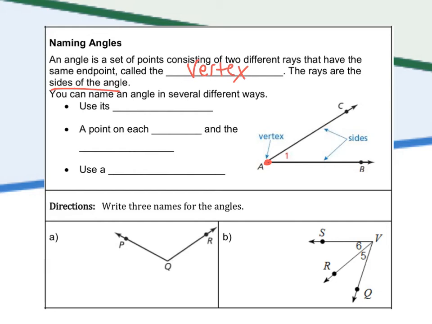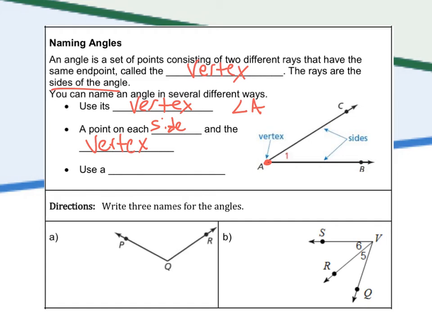So you can name angles in a few different ways. You can use its vertex. So we could say that this guy right here is angle A. And we're always going to use this angle symbol, a little alligator mouth looking thing. This is the angle A. We can use a point on each side and its vertex. That would work.